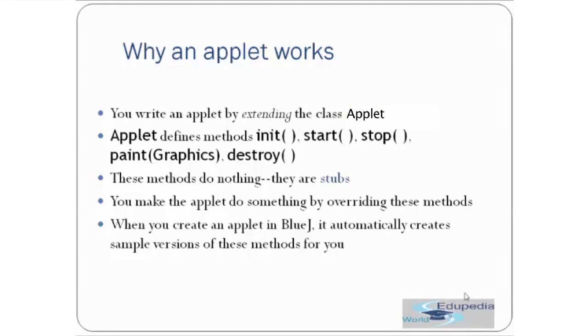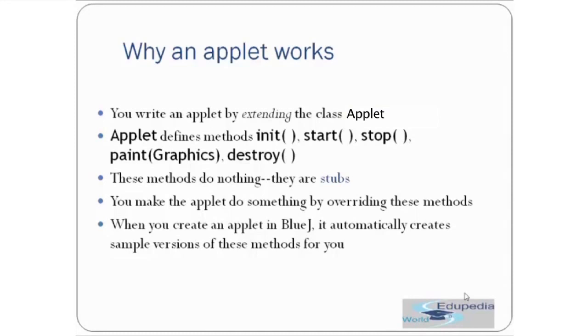So you don't need to write them yourself because they're already written in the Applet class. If you are extending the Applet class, they will already be used. But if you want to override and provide your own definition, then definitely you can do that. But just for running a simple applet, you do not need to override any of these.